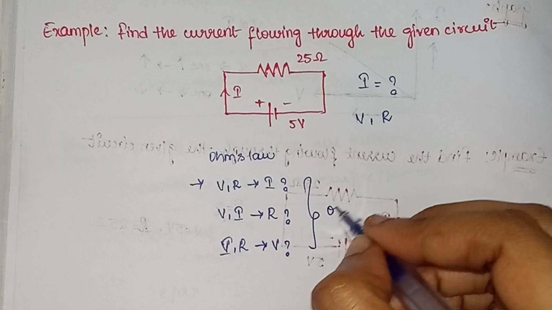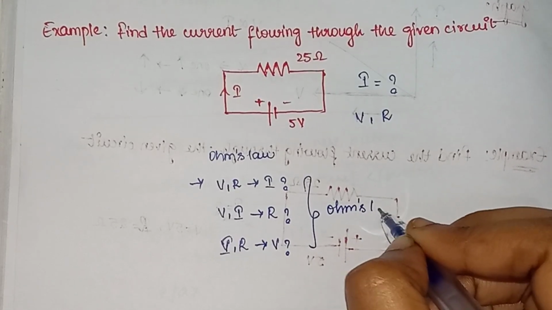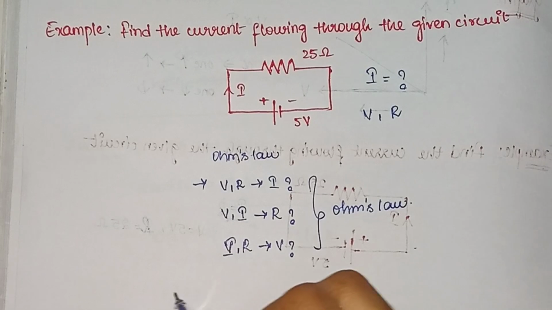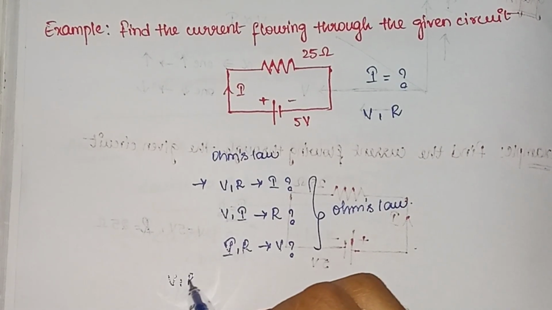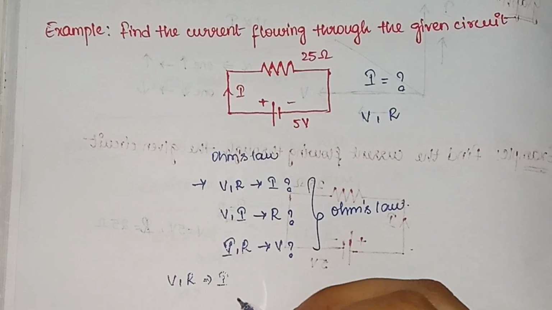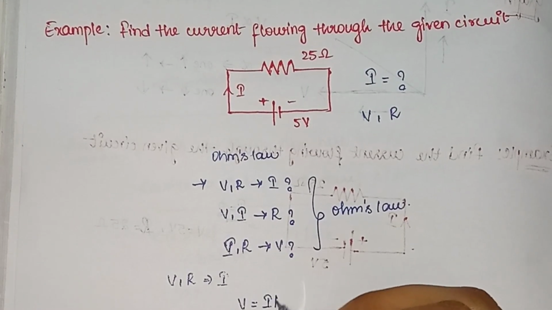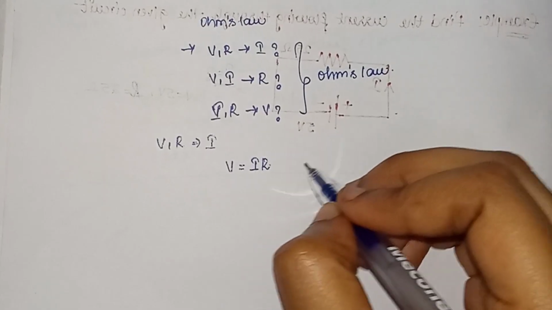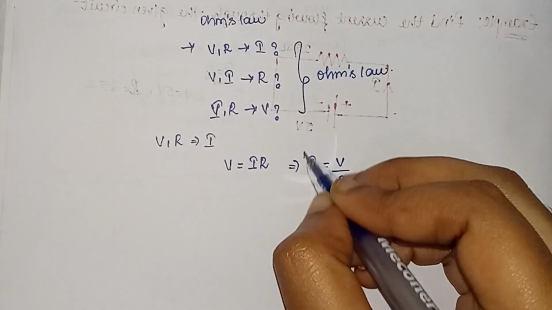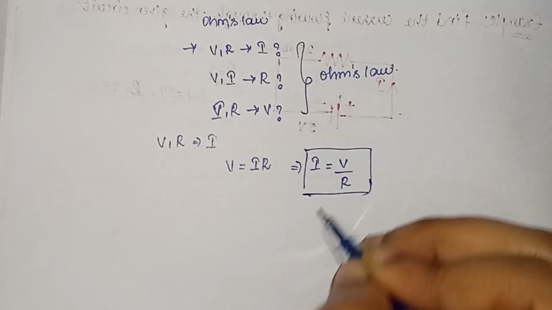So in these 3 conditions we can use our Ohm's law. So according to this question, we were given V and R and we were asked to find the I value. So as per the formula, V is equal to IR, so our I is equal to V by R. So this is the formula which we need to use.